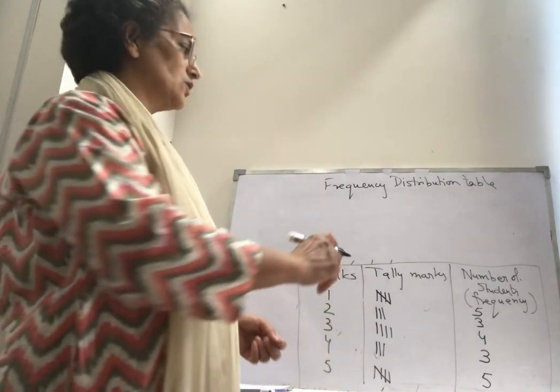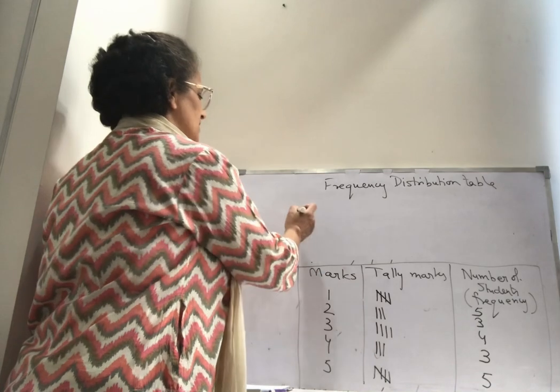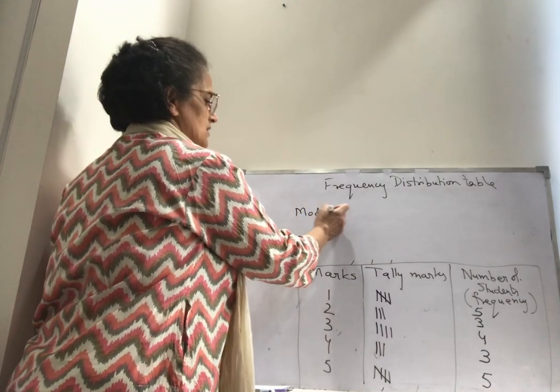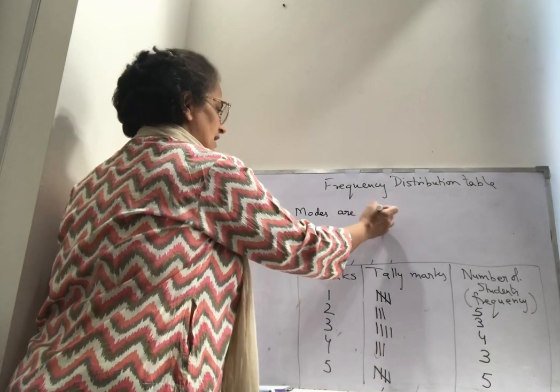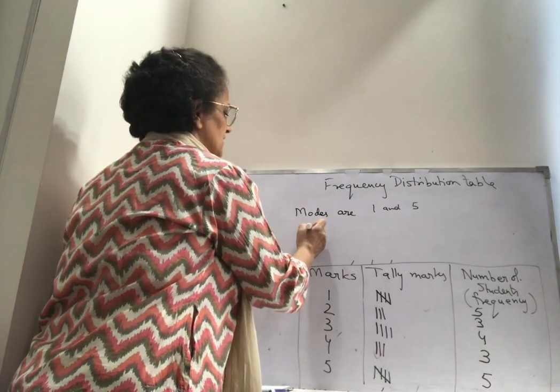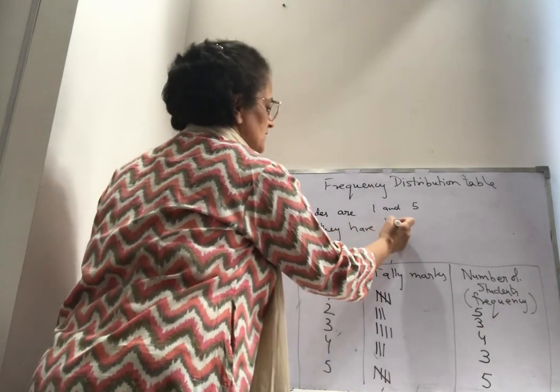We'll discuss median also. Frequency distribution table, after making the table, if they are asking mode, so modes are 1 and 5 as they have highest frequency.